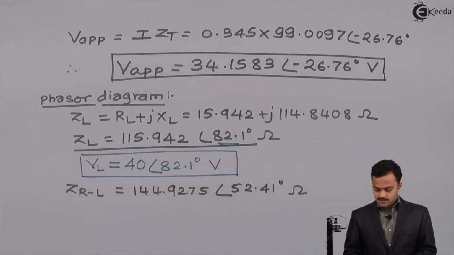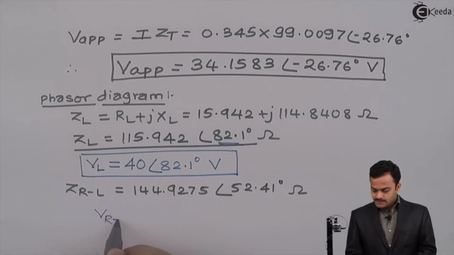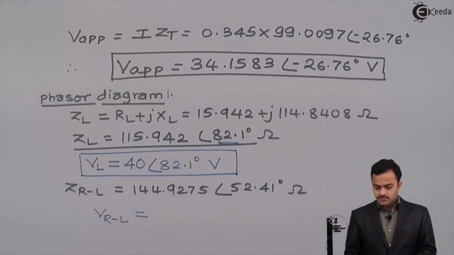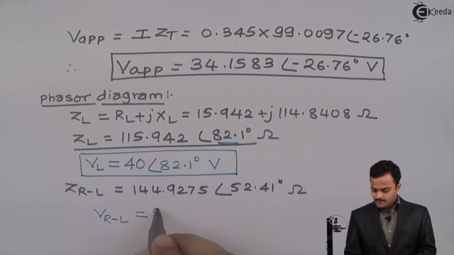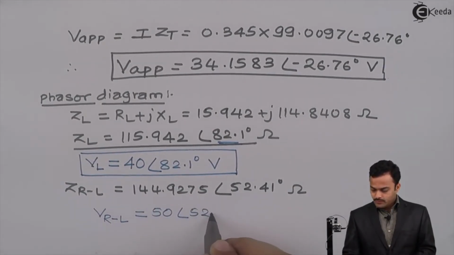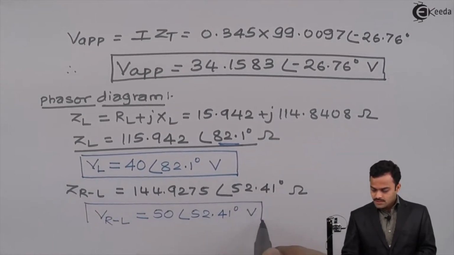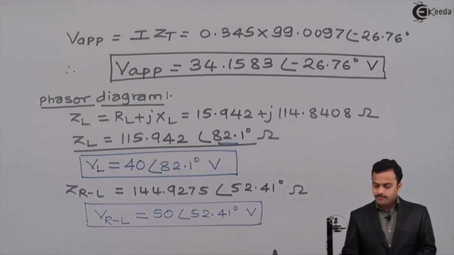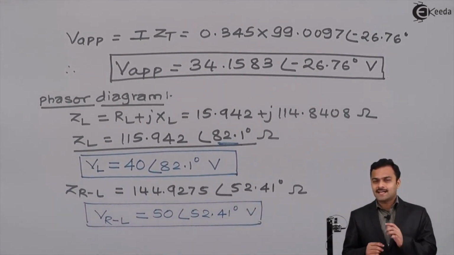So obviously this is the angle of voltage across resistance and inductor together, whose value is given as 50, and the phase angle will become now 52.41 degree volt. See, all this we are doing because it's a series circuit and current will remain the same.